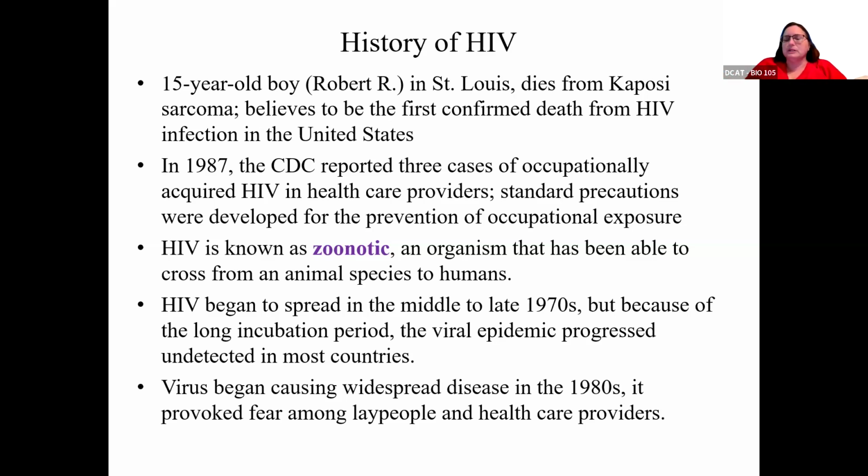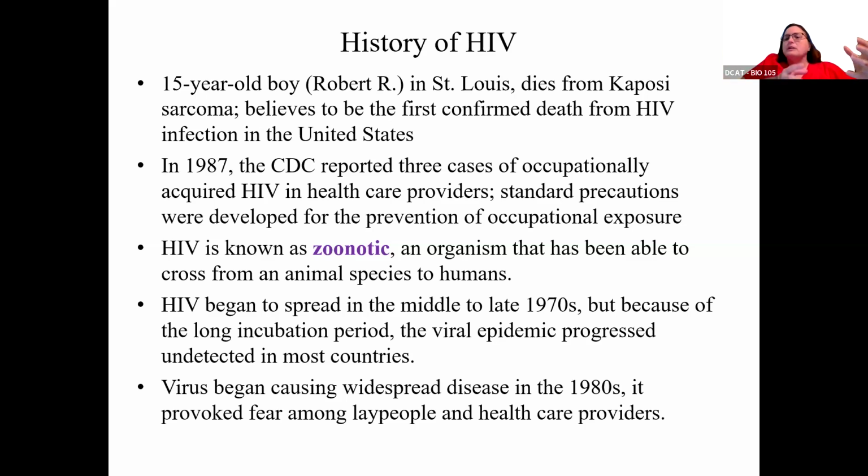But as we continue to learn about HIV, that incubation period can be 5 to 10 years. So they would be carrying the virus, they could spread the virus, but they didn't know that they had it yet. Once the symptoms started showing, it wasn't until the 80s, okay? And that is why we started seeing so much of it in the 80s.